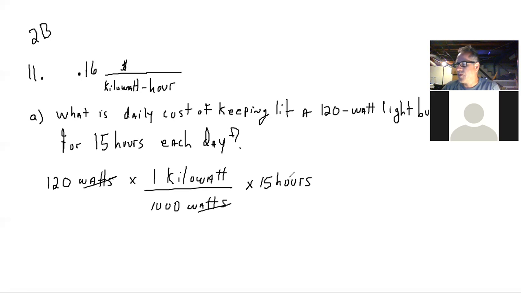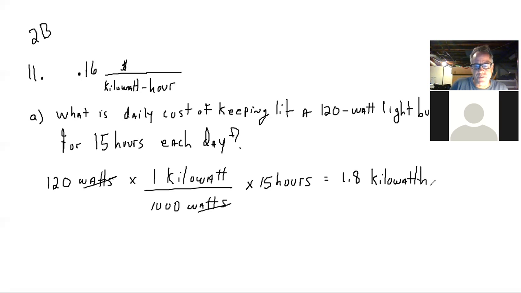Where's my calculator? Let's see what that's going to give me. I can just do 120 times 15 divided by 1,000. All right, so that's going to come out to 1.8 kilowatt hours.